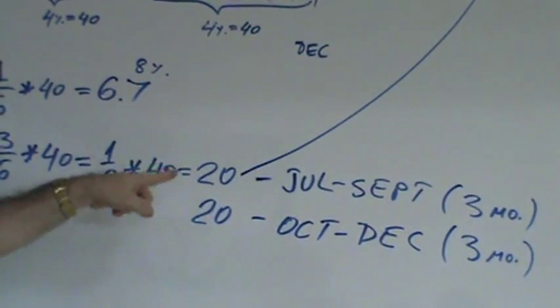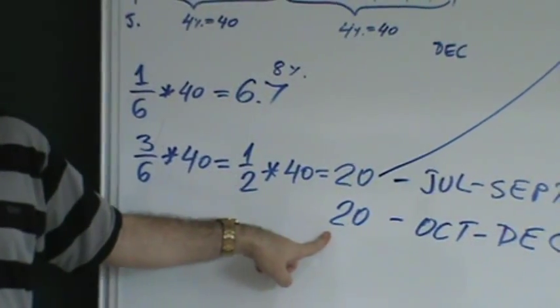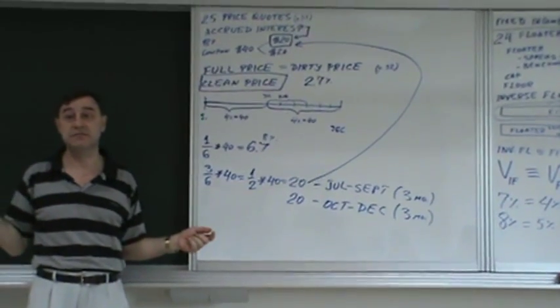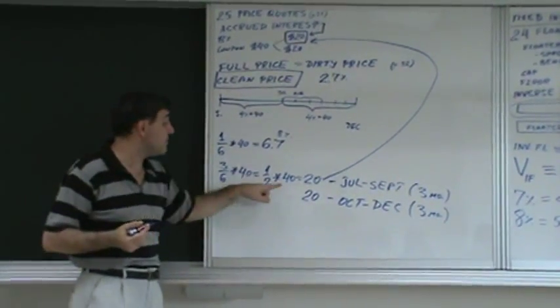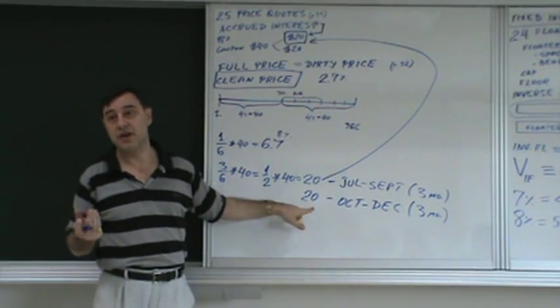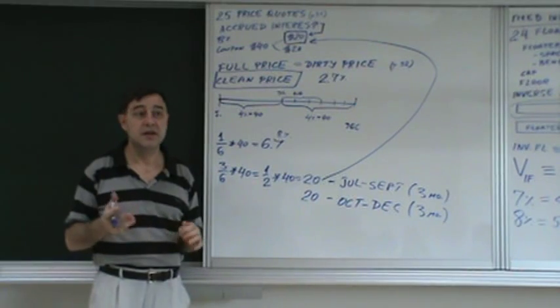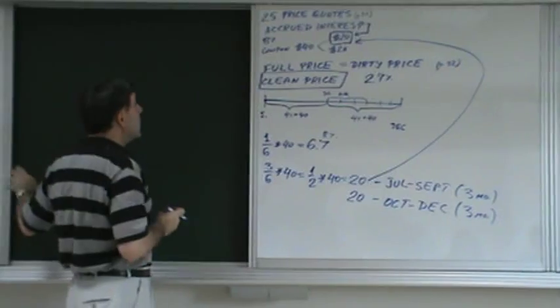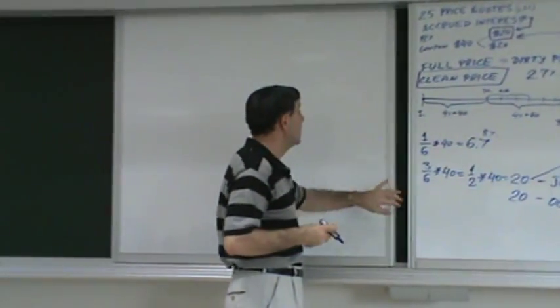For 3 months, you're going to be earning 20. Okay? And that's all there is to it. So for 1 month, you're going to be earning 20 divided by 3, whatever the number is. And that's the simple explanation. All right? Okay, let's see what else we have now.